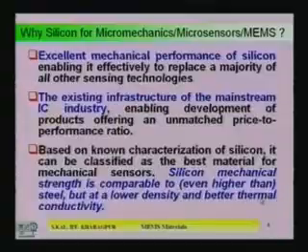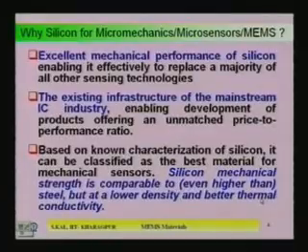Other things are mentioned here in favor of silicon, that is, it has excellent mechanical performance and it effectively enables replacing a majority of all other sensing technologies. The existing infrastructure of the mainstream IC industry is available, so that we will use in case of MEMS fabrication or microsensor fabrication.